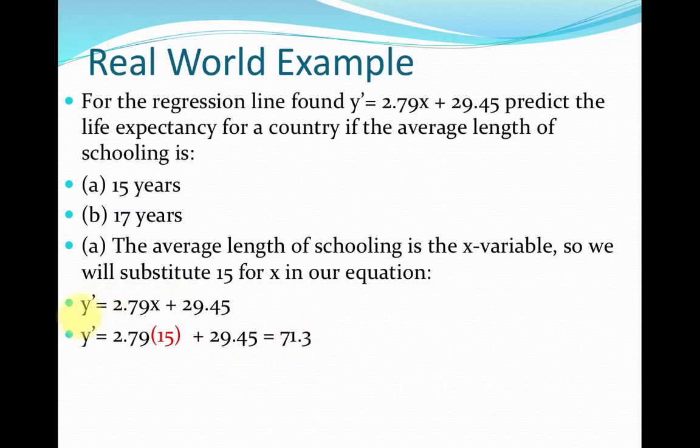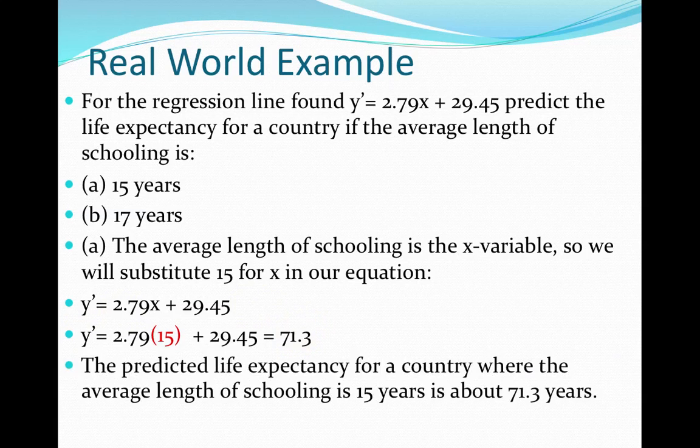That's the predicted value for y prime. That's the predicted life expectancy. So if we were to put this into a sentence, we could say that the predicted life expectancy for a country where the average length of schooling is 15 years is about 71.3 years.